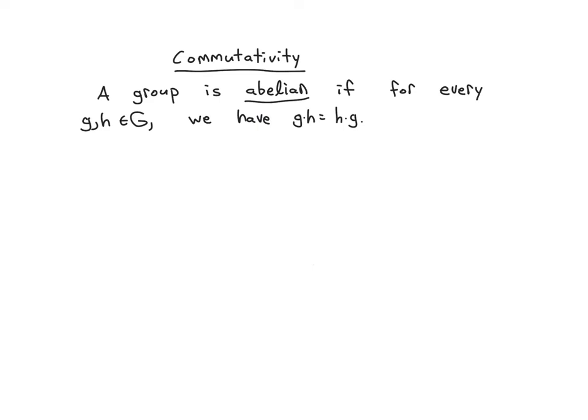It is worth pointing out one thing you might have noticed: we didn't talk about commutativity. Commutativity is not one of the axioms of a group, but it's a property a group might have. If for every pair of elements g times h is equal to h times g, then we say that group is abelian.